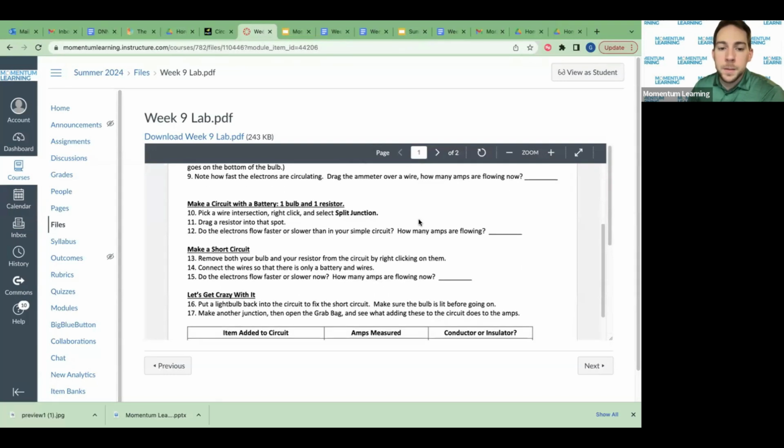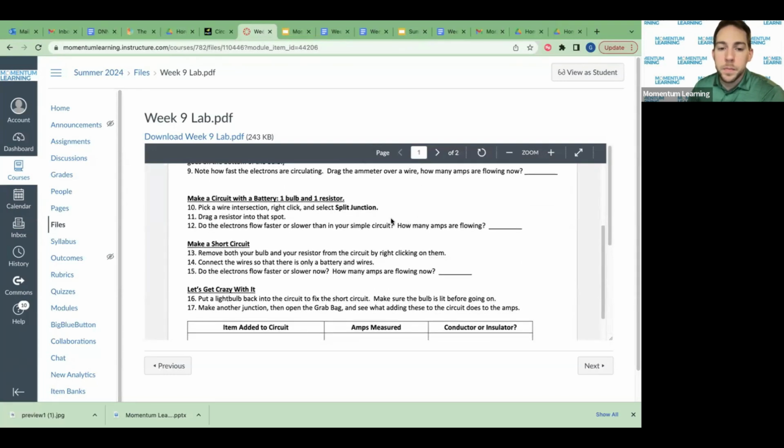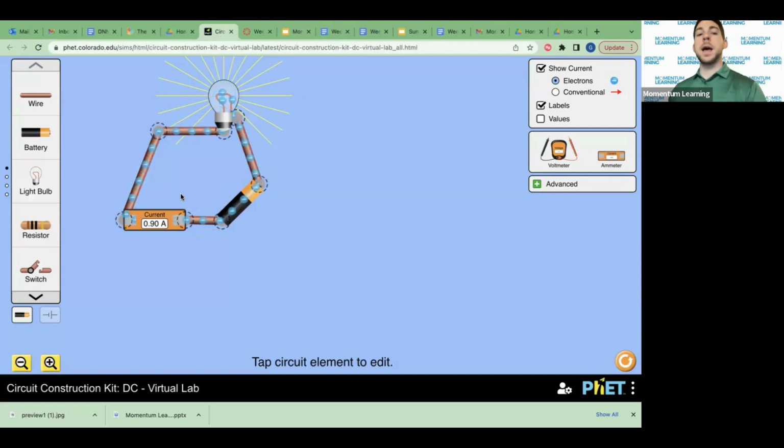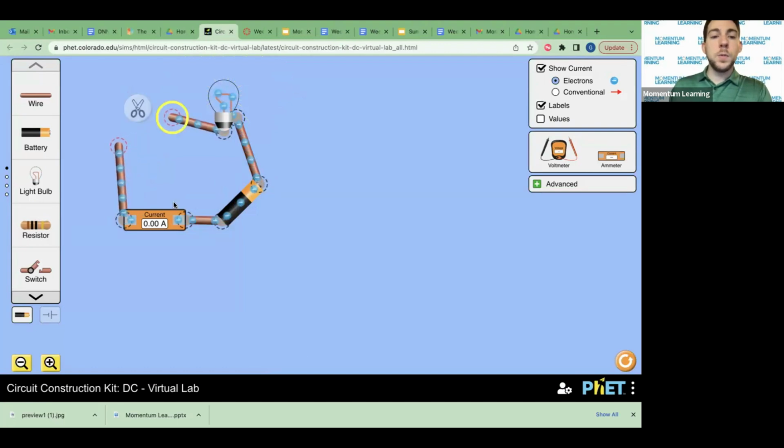Then the next part, we add a resistor and we observe the effects. Anytime we do a lab like this, even if it doesn't say to, students should make a prediction about what will happen before they test it out.